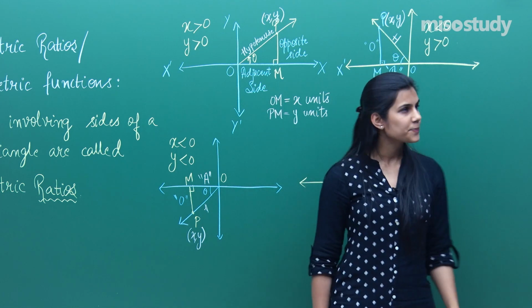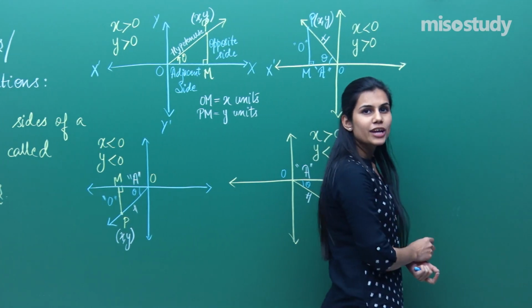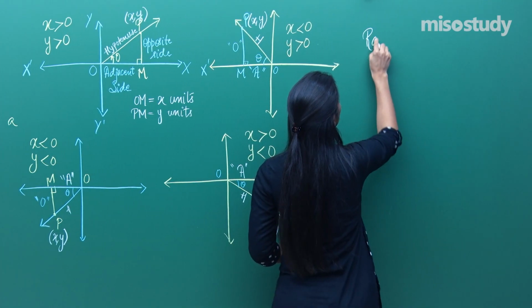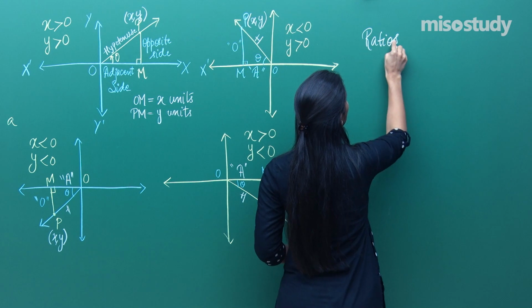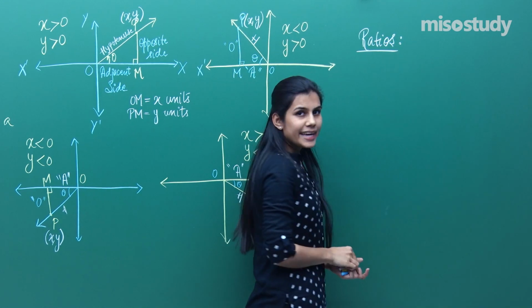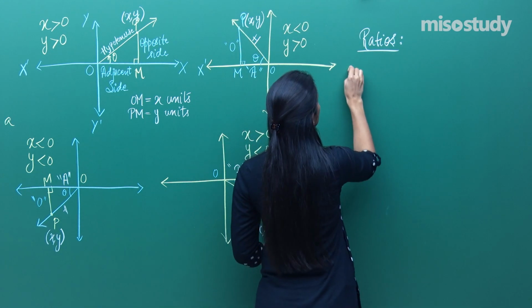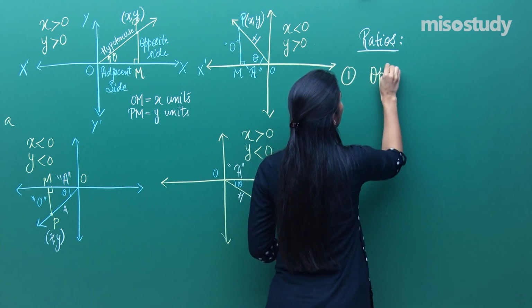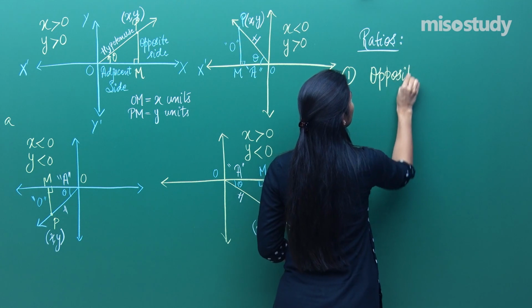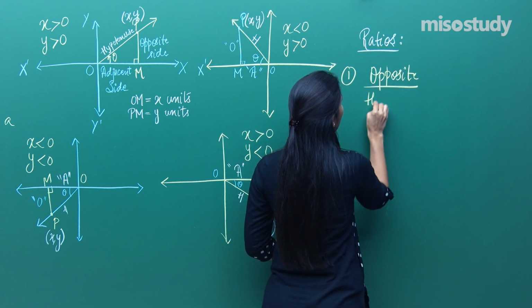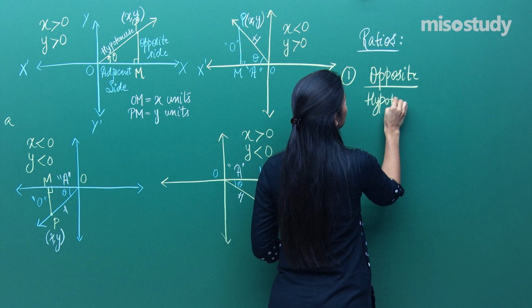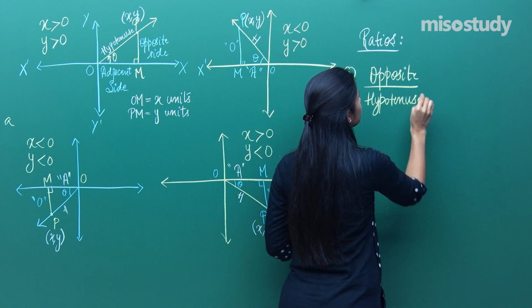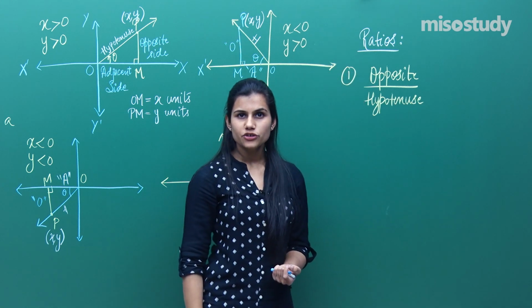The very first ratio that is going to come in the picture is the ratio of opposite to the hypotenuse. This is what is the first ratio.